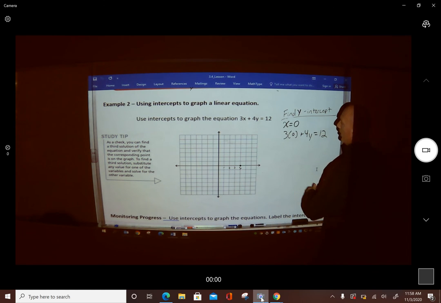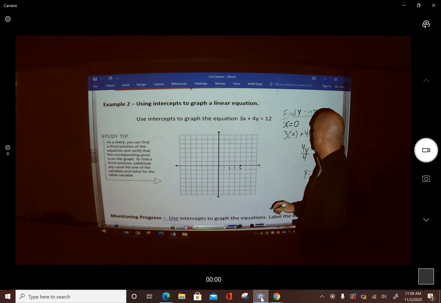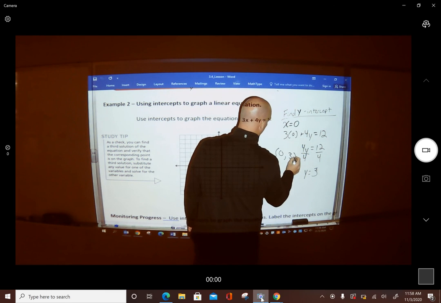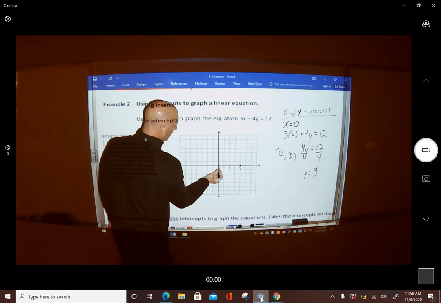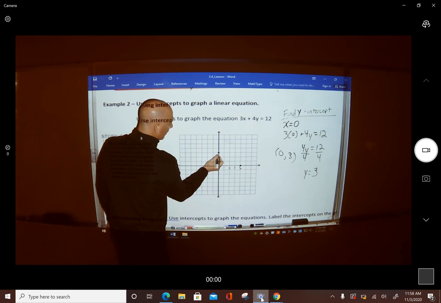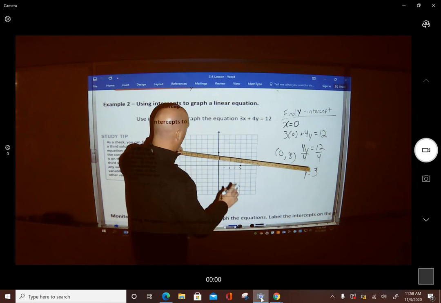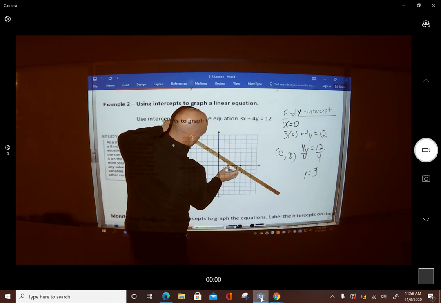Or you can think the cover-up method. 3 times 0 is 0, 0 plus 4y is 4y equals 12. Divide each side by 4, y equals 3. So now I have my other point. I know x was 0 and y was 3. So I'm at 0, 3. Now that I have 2 points, I can connect them and draw my line.